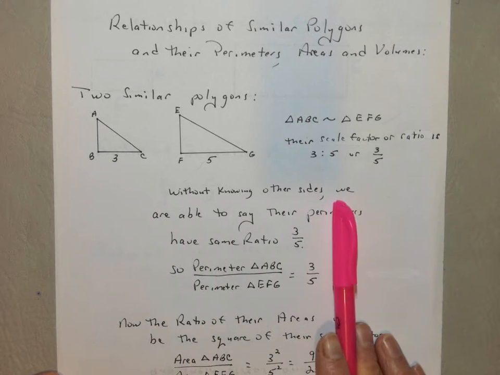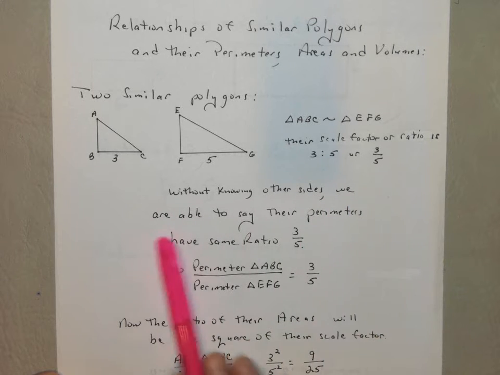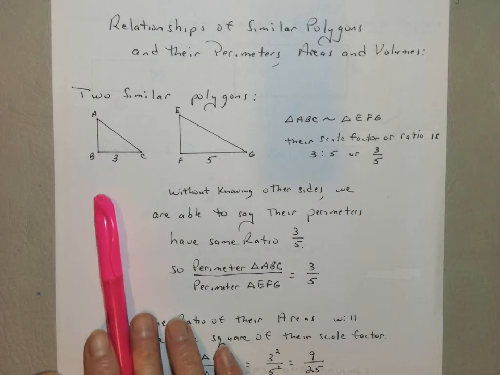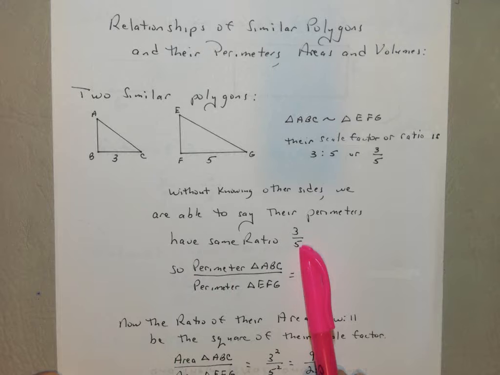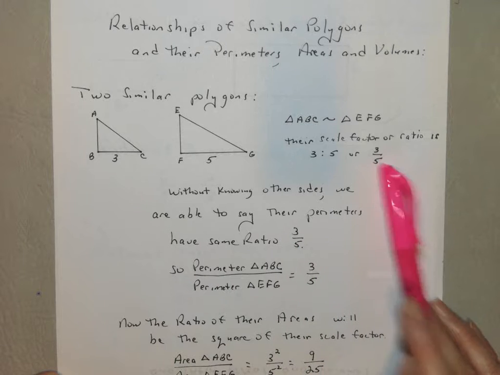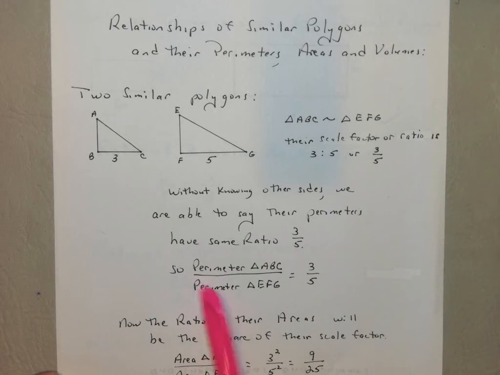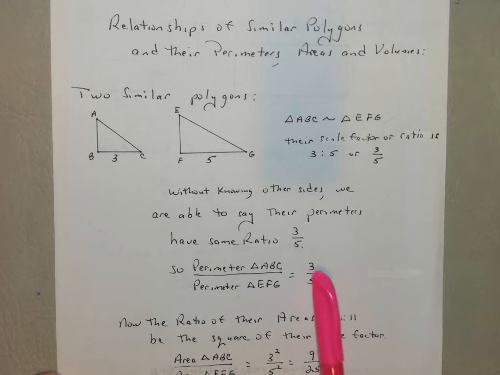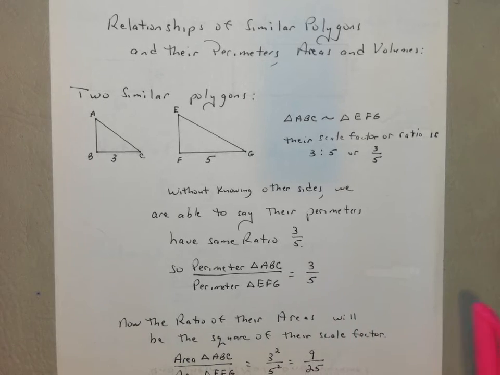Without knowing the other sides, we are able to say that the perimeters of the two similar polygons have a ratio of 3 to 5, the same as the scale factor. So the perimeter of triangle ABC over the perimeter of triangle EFG is equal to 3 to 5.